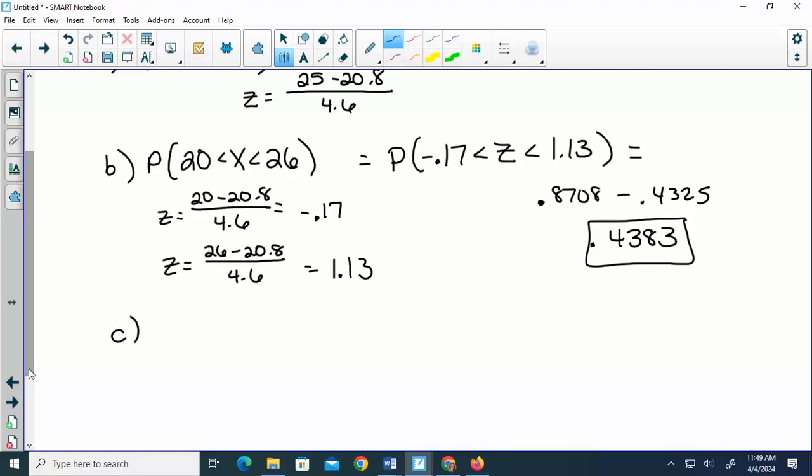If we look at C, we want the probabilities, we have a score less than 16. So again, get our Z. Z is our value minus the mean divided by standard deviation.